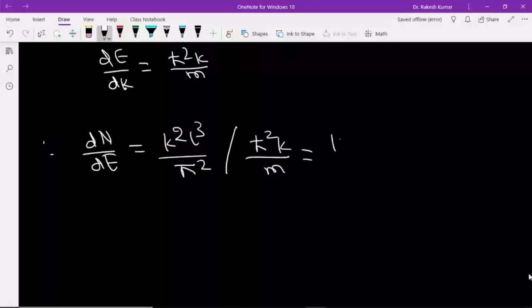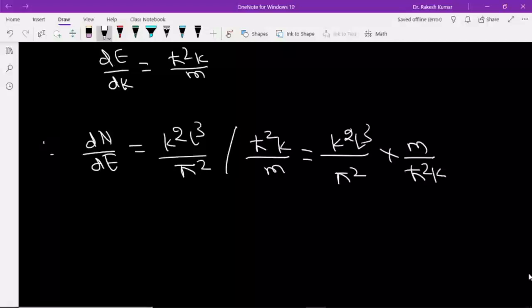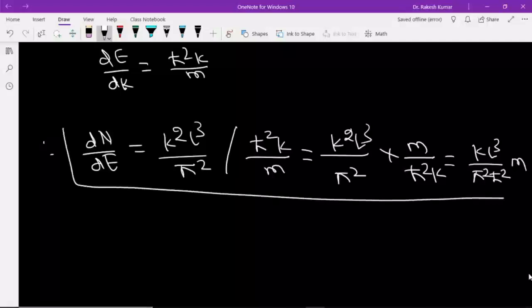So this would be k square L cube by pi square into m over h cross square k, which is equal to k L cube by pi square h cross square m. So now we get dn by dE.